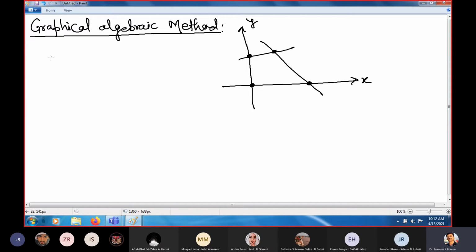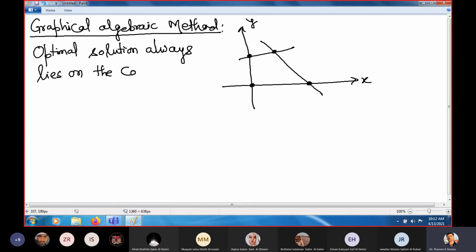As I told you, the optimal solution always lies on a corner of the feasible region. If this is the bounded feasible region, then there are 4 corners, corner number 1, 2, 3 and 4.